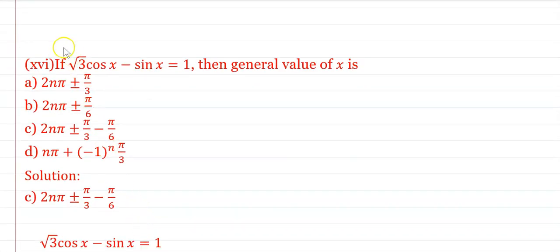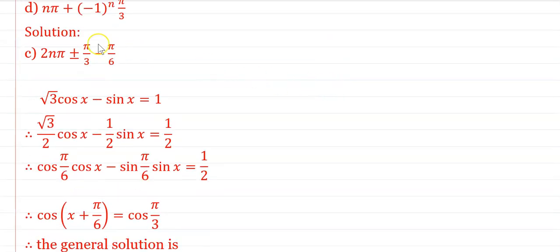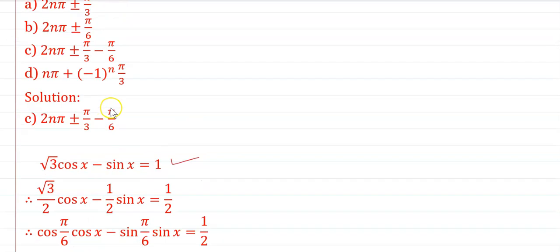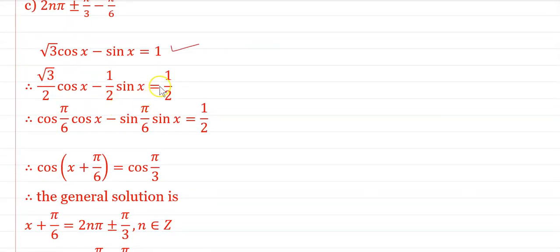Now the next, if root 3 cos x minus sin x is equal to 1, then the general value of x is, okay, general value of x is, now see this here, that is option C is the correct one, 2n pi plus or minus pi by 3 minus pi by 6. Here we have been given root 3 cos x minus sin x is equal to 1.